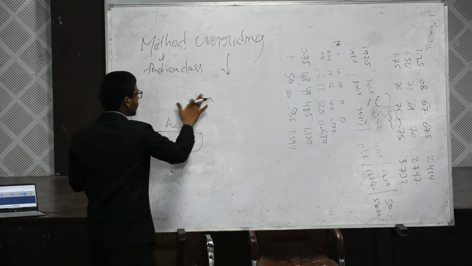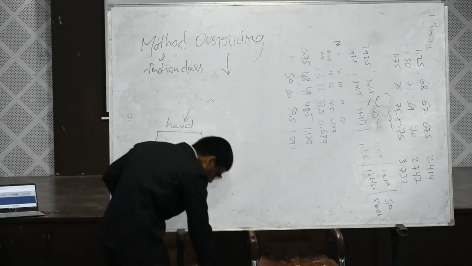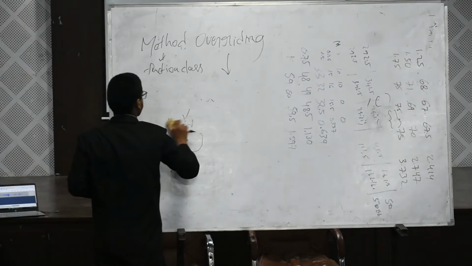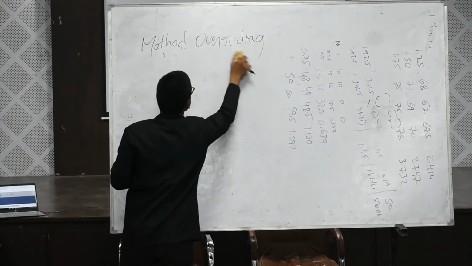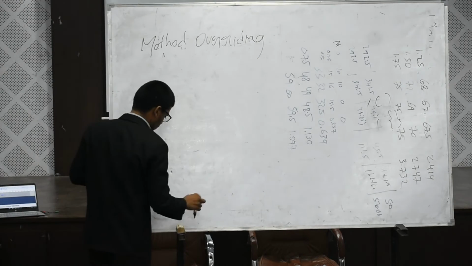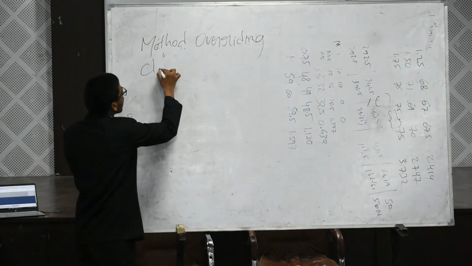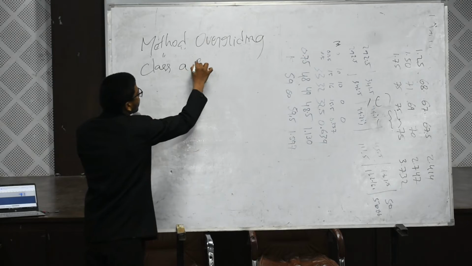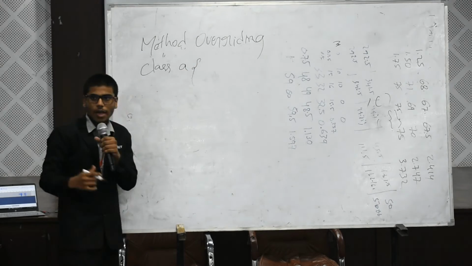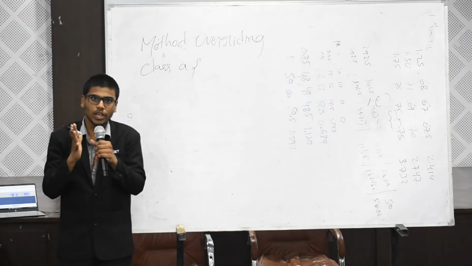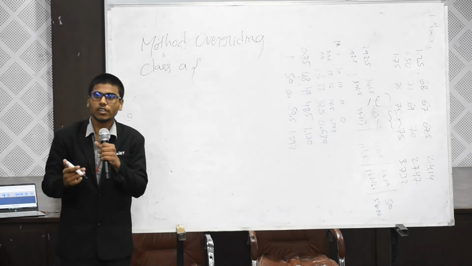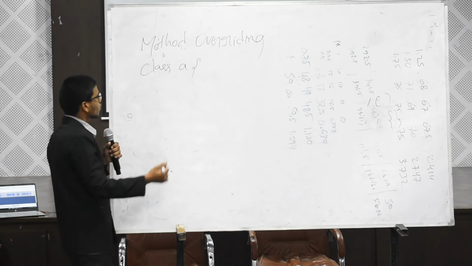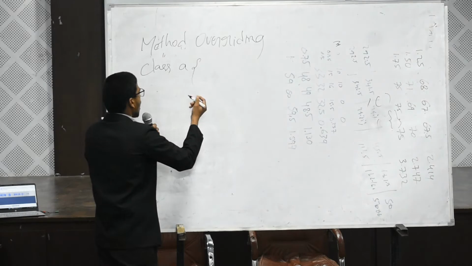I am writing the example code. I am creating a class named A. I am writing two methods of the same name. If I call it with different parameters, it will execute.